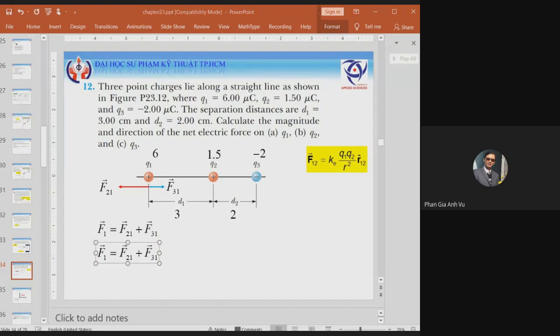First of all, F21, what is this? F21 is Ke multiplied with Q1, Q2, over D1 square. Multiply with I.